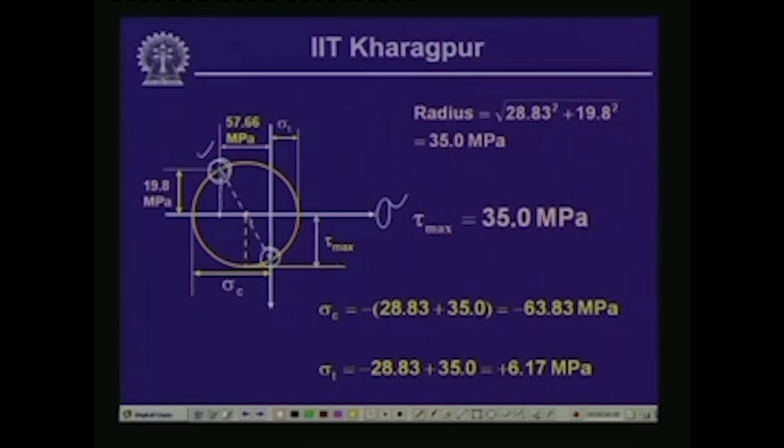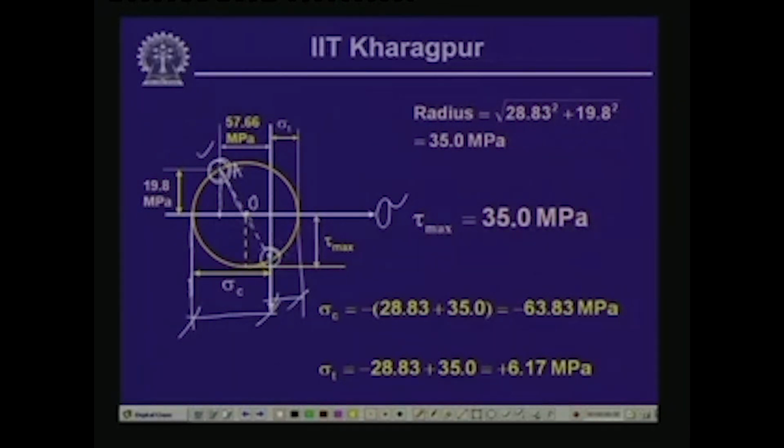If we join these two points together, we get the center where it cuts the sigma axis, and considering this as the center and taking this OA as the radius, if we plot the circle, we get the Mohr circle of stress. This is the stress which is the maximum compressive stress, and this is the stress which is going to give us the maximum tensile stress.